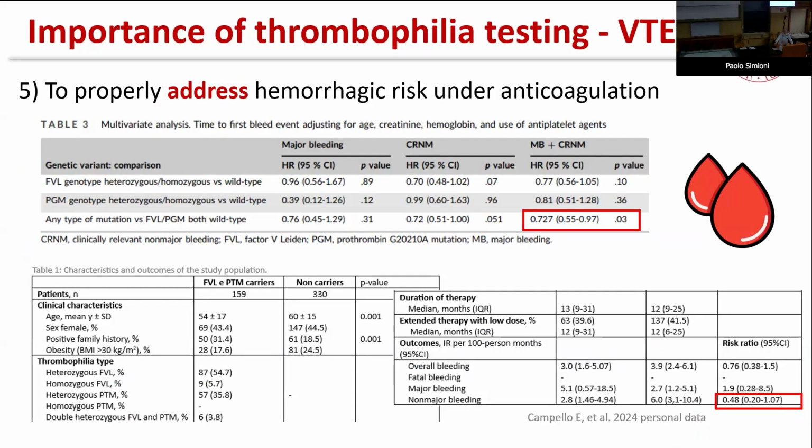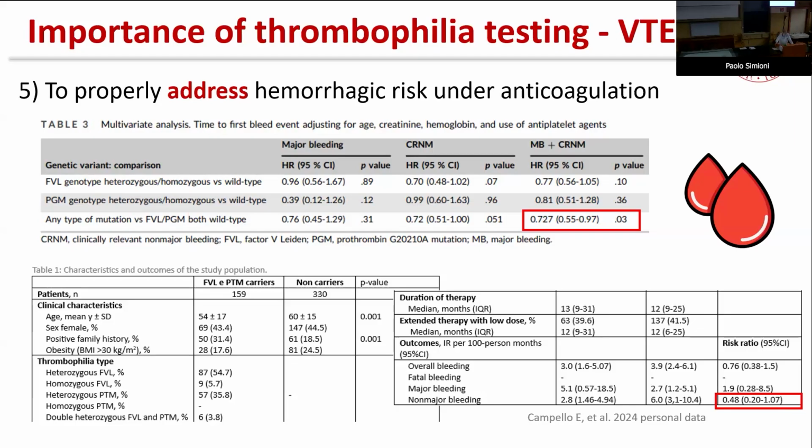Another very important point comes from some data also from my group: when you are treating a patient with oral anticoagulants, this patient is exposed to bleeding. So the problem you have is that it is important to continue the anticoagulation to prevent a recurrence of thrombosis, but you are scared about the possibility that a patient develops a severe bleeding and can die because of this bleeding, say a brain or a cerebral bleeding.